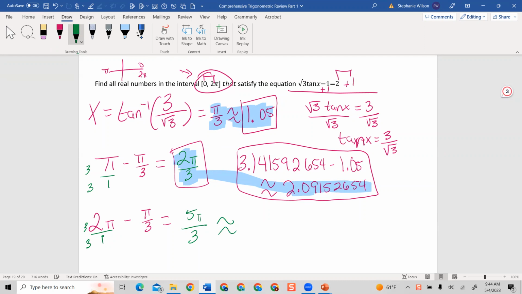Let's double check my math. 5 pi thirds gave me approximately 5.235987756. I want to check something. 2 pi is 6 point something, so we didn't exceed that.